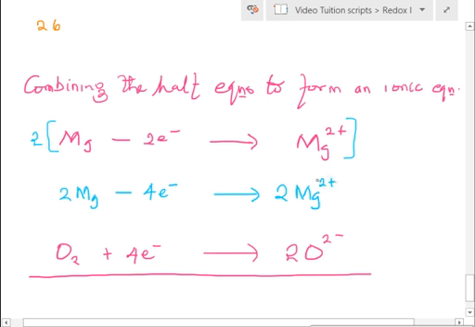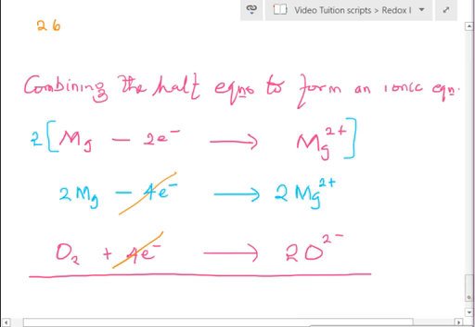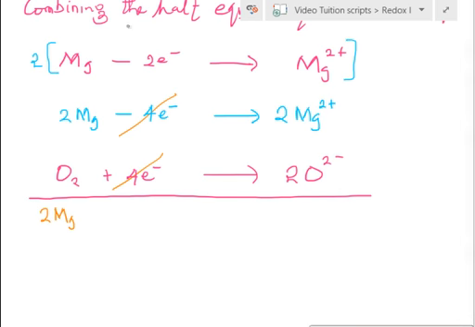Nothing will happen to the charge here. We just make this one 2. That's what we need. At the end of the day, we can cancel out the electrons. This one will cancel out this. If you combine them together, we will have 2Mg, that is 2 atoms of magnesium. For the reactants, you put a plus here and then a plus here.